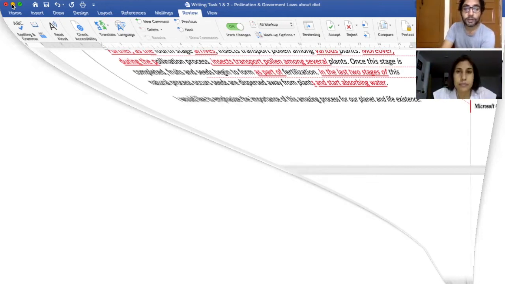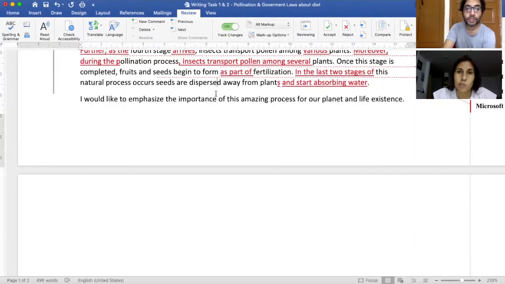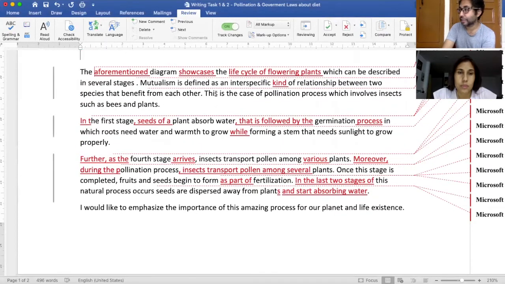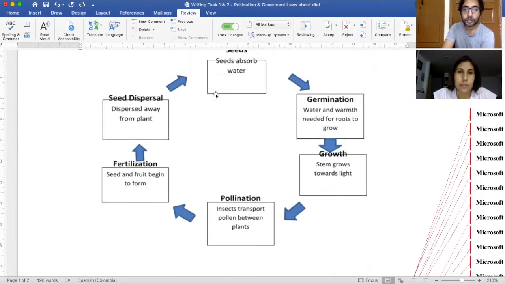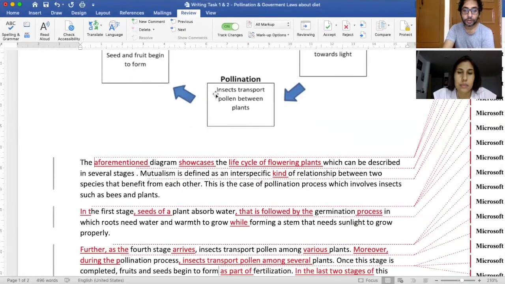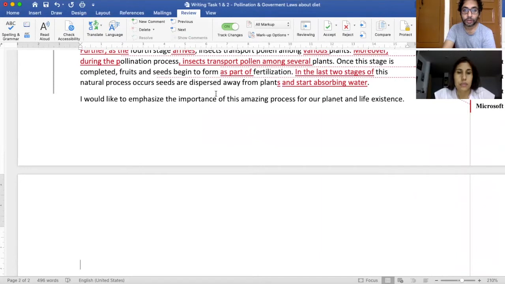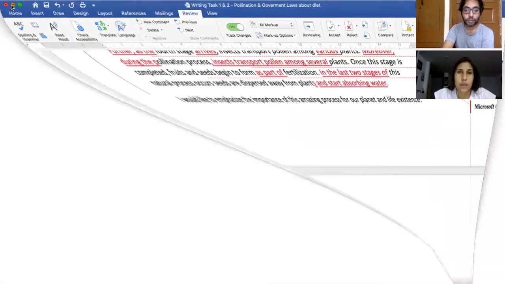You didn't start with the first point, with the seeds absorbing water from soil. You just started with pollination. And the same document below is the other task.